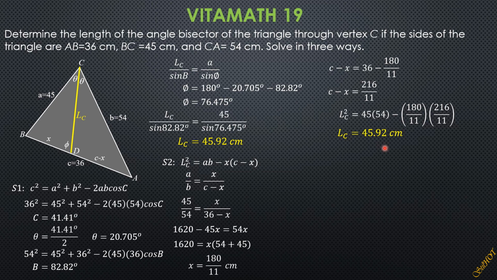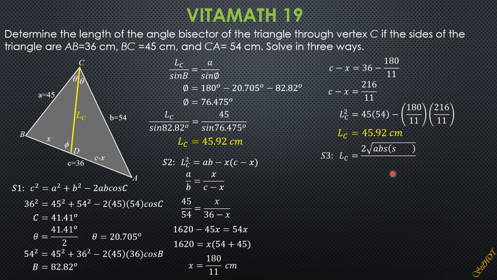Then finally, the formula I derived in Vitamath 18, the direct formula for L sub C, is 2 square root of ABS times S minus C, all over A plus B. So that's the formula.